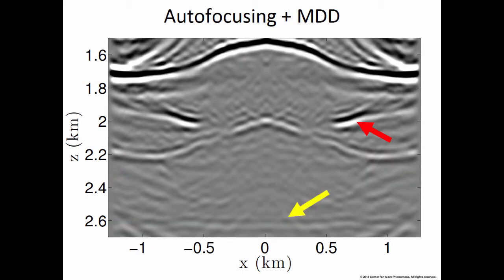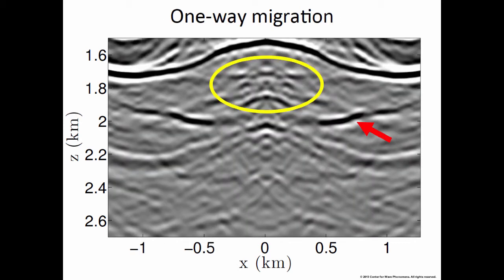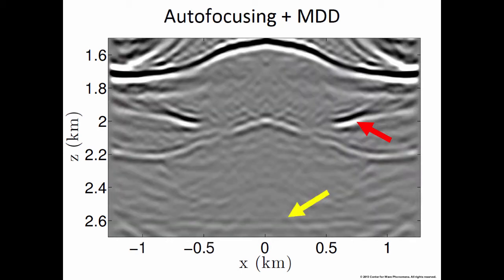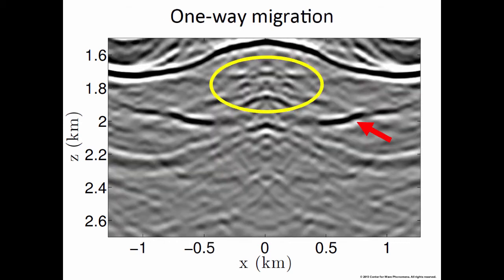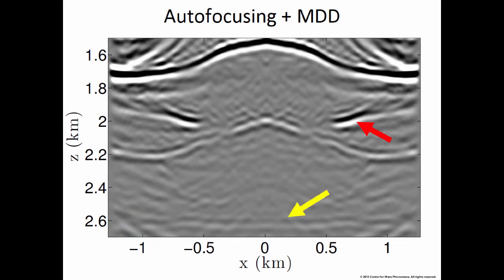And this is our main image. As you can see, it's way cleaner, and all the artifacts indicated by the ellipse are now gone. The deeper reflector, which was clearly not evident in the previous image, is now better visible in the image we built using the up and down wavefield and MDD.